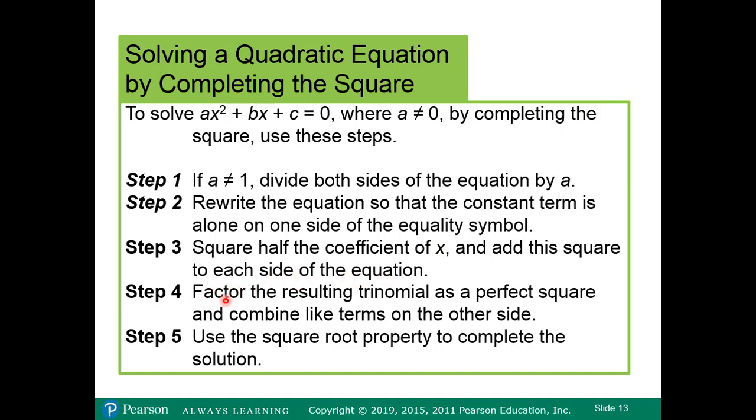Then step 4 is you're going to factor the resulting trinomial as a perfect square, because that's what we're doing. We're completing the square. So step 3 actually creates a perfect square so that we can go ahead and factor. And then we're going to use the square root property to complete the solution.